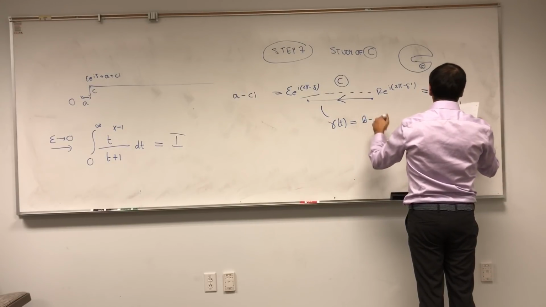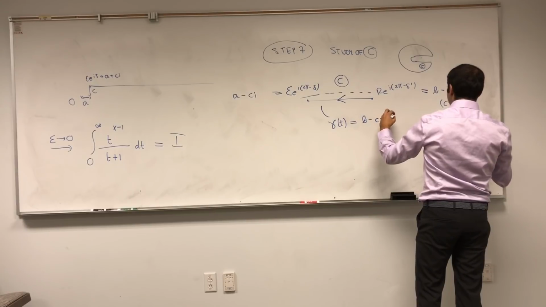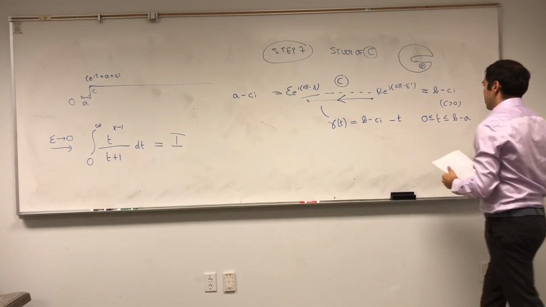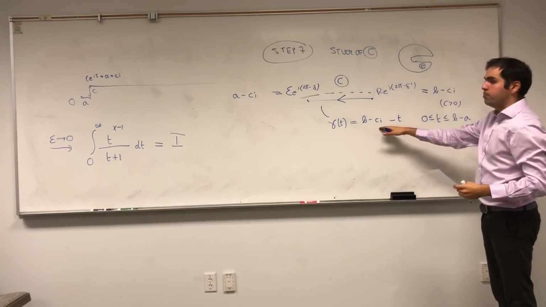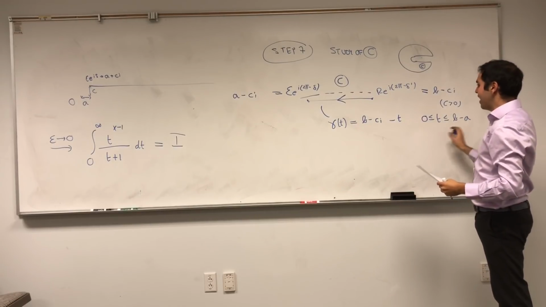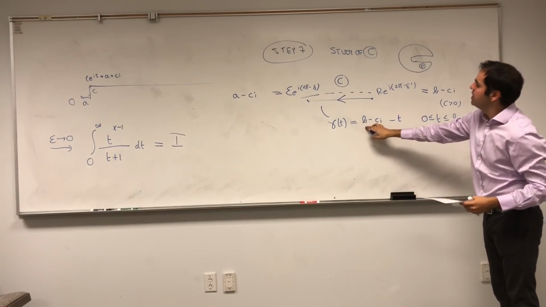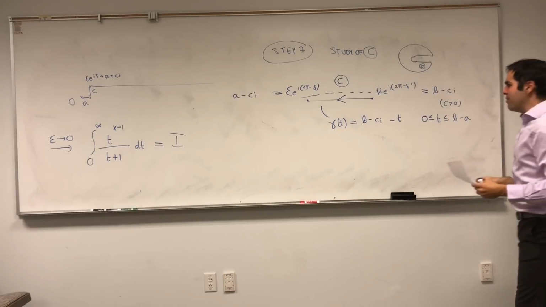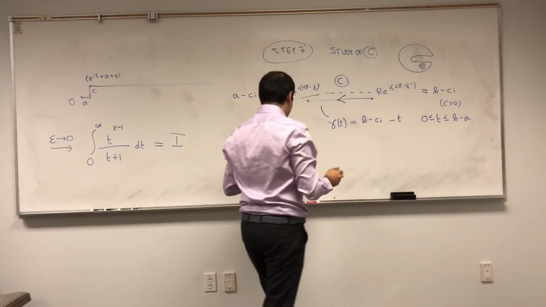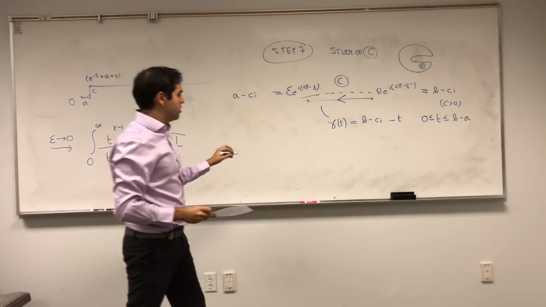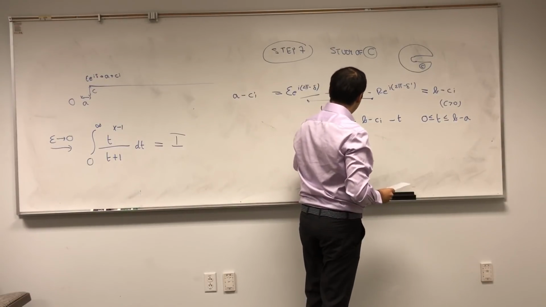The thing that works here is b minus ci, and you do minus t. Because at 0 you get b minus ci, and at b minus a you get a minus b, which cancels out, and you get a minus ci. Therefore the derivative is minus 1.